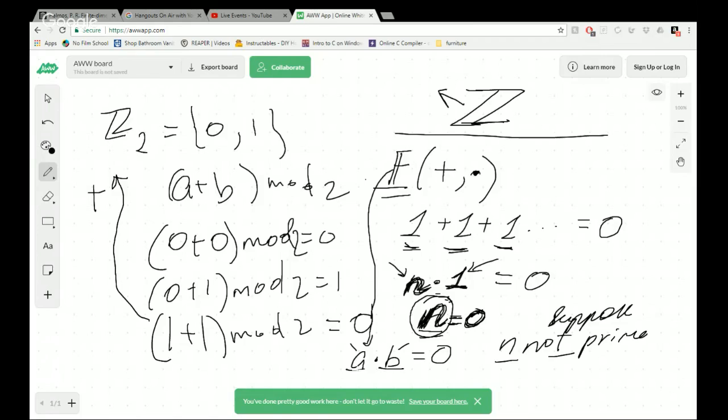So neither of these a and b is 0, but they multiply to 0. This is a contradiction. We know in a field, if two numbers multiply and give me 0, one of them has to be 0. If n is composite, then neither a nor b is 0, but they multiply to 0, which is not possible in a field. Contradiction, which tells us that n has to be prime.